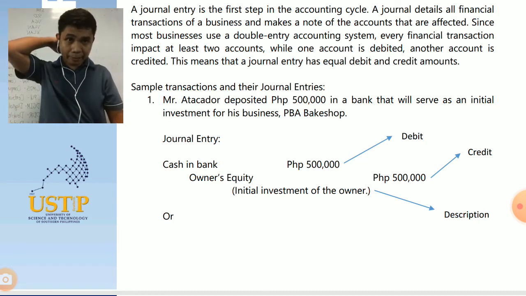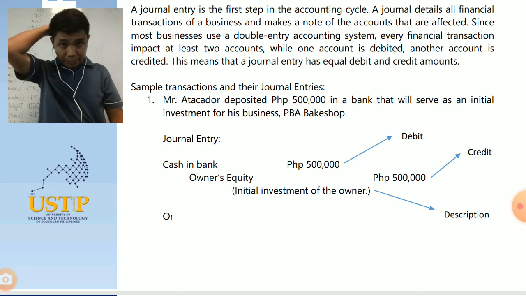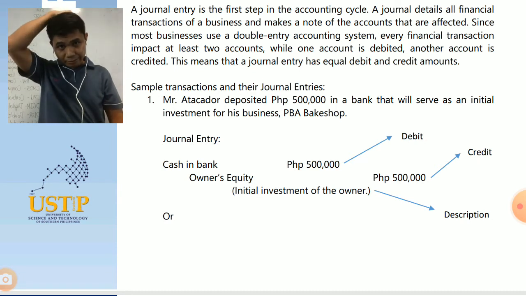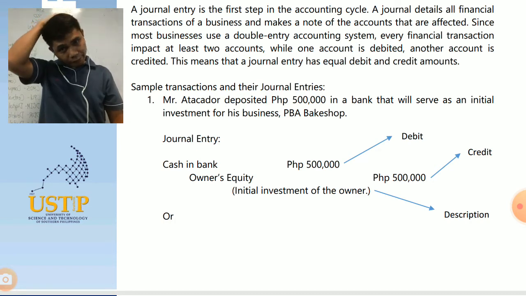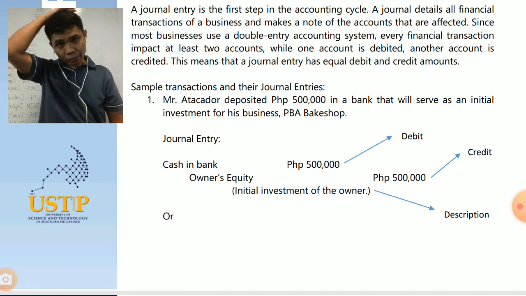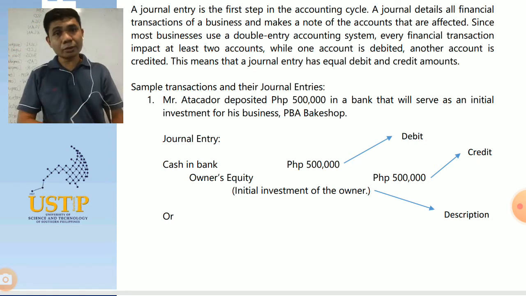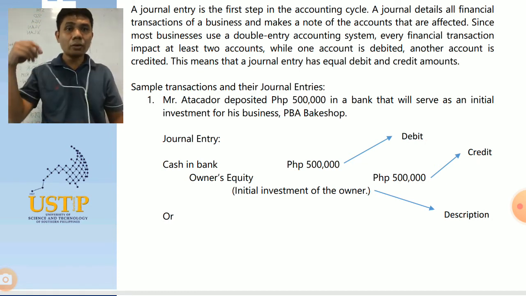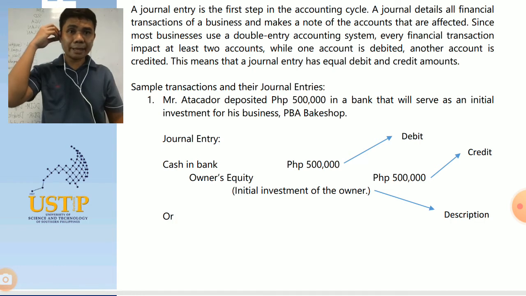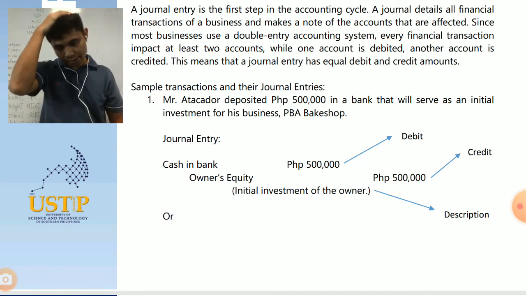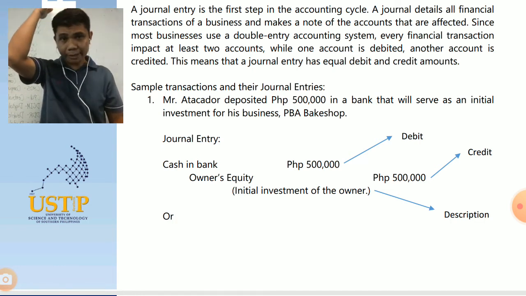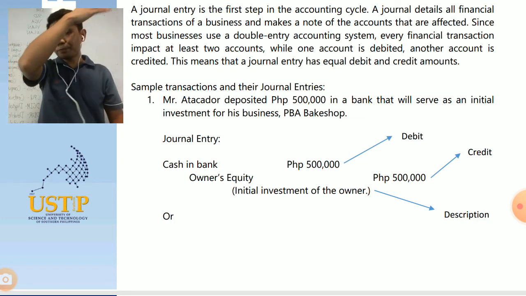Now for the other increase. Remember that this is an investment by the owner. So meaning, if it is an investment, owner's equity or owner's capital increases. That is why we credit owner's equity by the same amount, 500,000, because the owner invested.